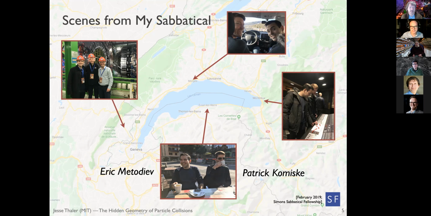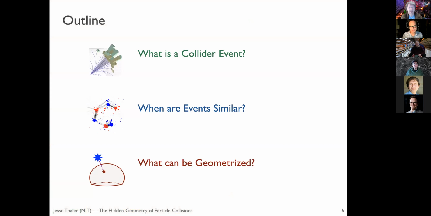this new emergent geometry. So what I'm going to do in the rest of this talk is just kind of walk you through as slowly as I can some basic facts about collider physics. What is a collider event? And this is where the kind of artificial intelligence world comes in. Because trying to answer that question, what is a collider event?